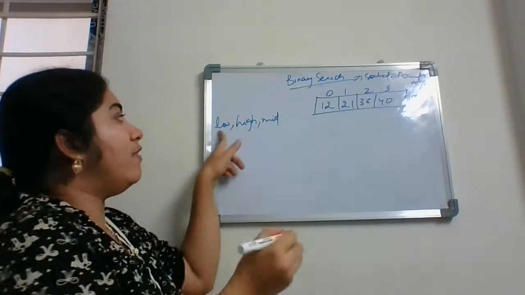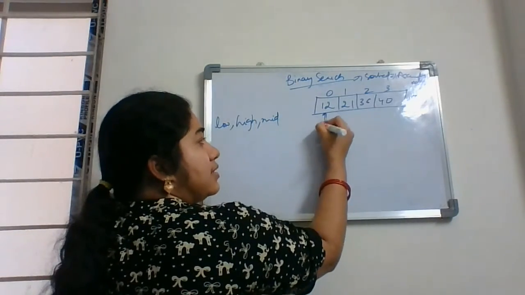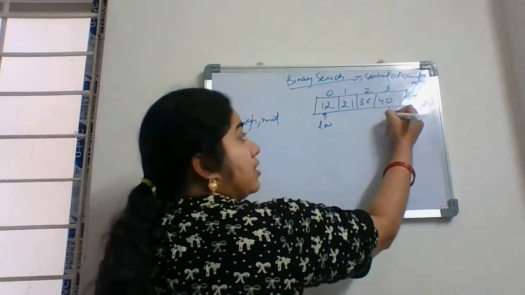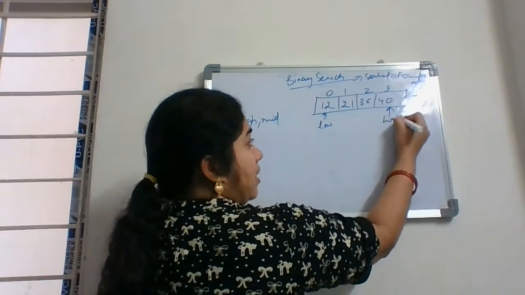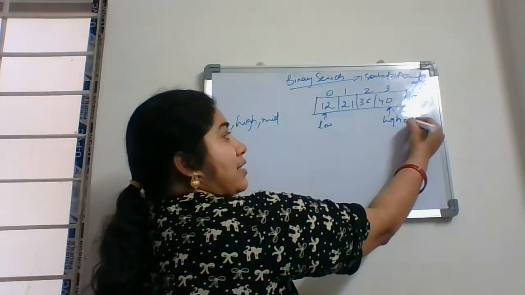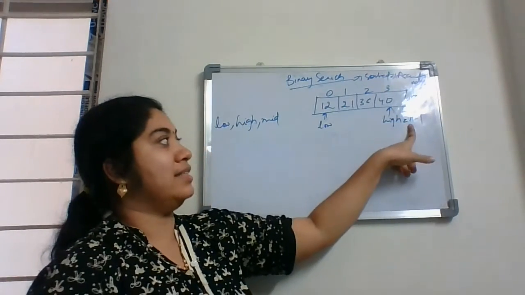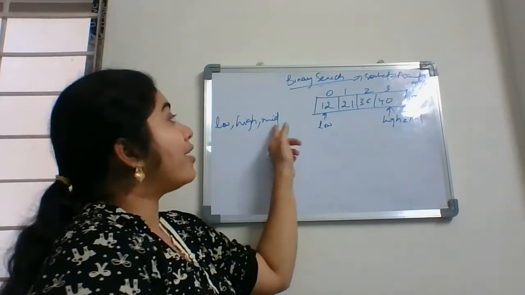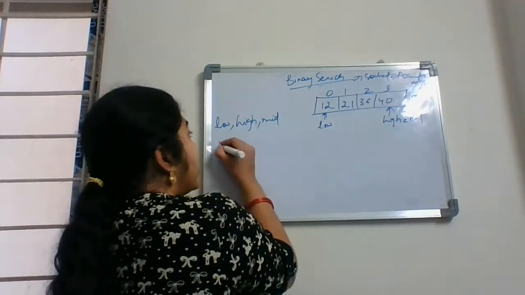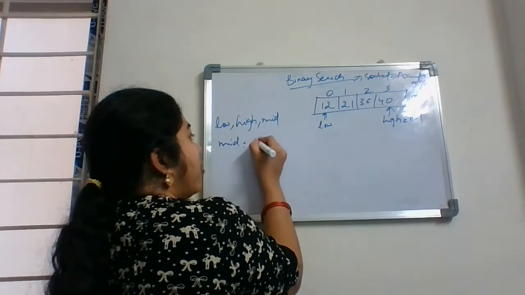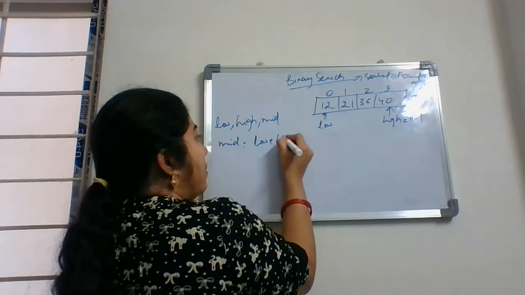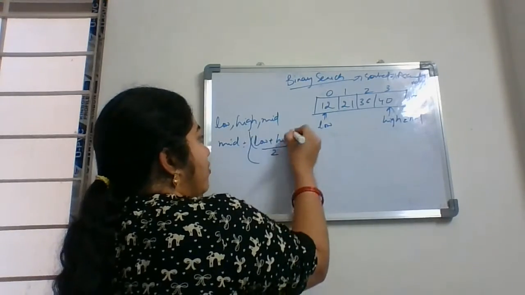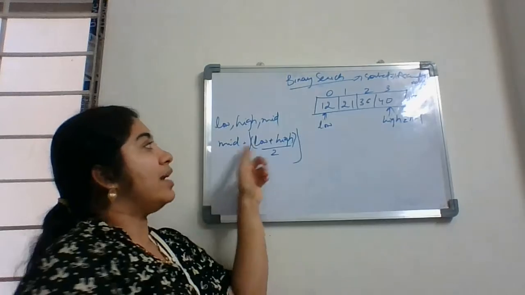Now low will be pointing to the first index, that is the beginning index value, and high will be pointing to the last index, that is size minus 1. So here high equals 3, that's why I can say high equals n minus 1. Now how can I calculate the mid element?